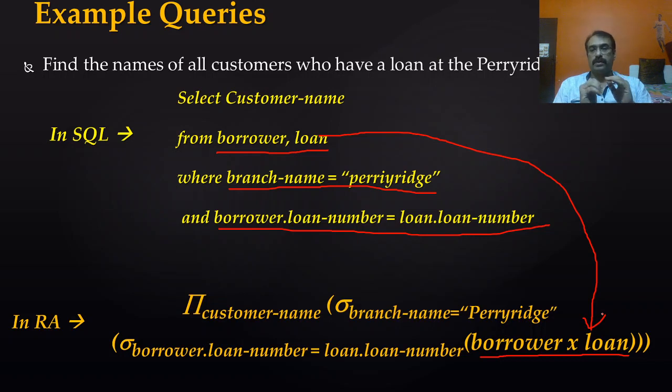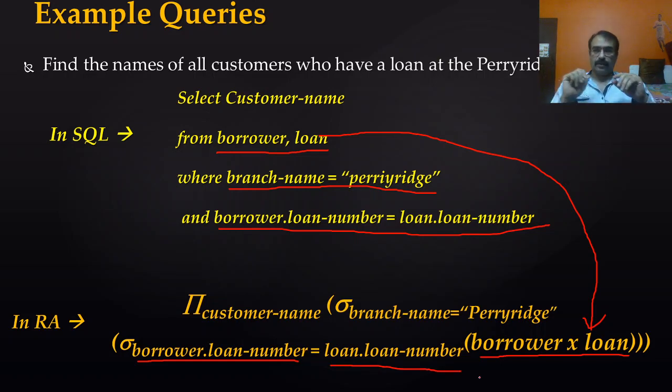In our SQL discussions also, the first operation which will be taken into consideration will be the from clause. First we'll have to fetch borrower and loan, then combine them together through a Cartesian product and form a single intermediate result, which will be a combination of borrower and loan. Then only I can apply a condition, borrower dot loan number should be equal to loan dot loan number.